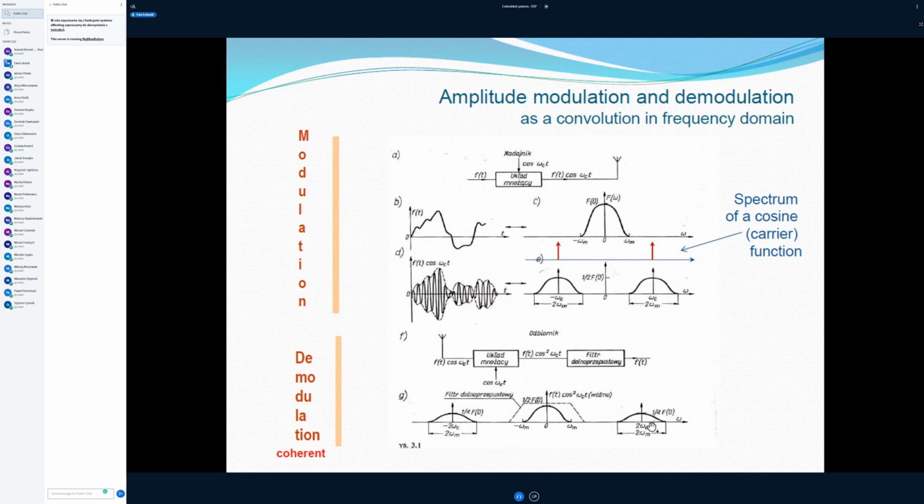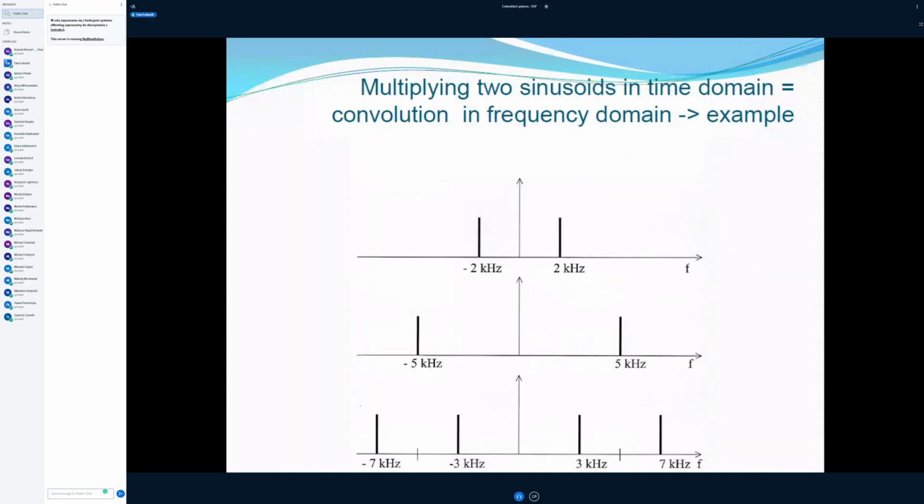One is moved to a frequency twice as big as the carrier, and the other is moved to zero frequency. The same happens on the left-hand side from the minus part of frequency. So you get the spectrum near zero frequency. How it works for two cosine functions, I have been showing you here.